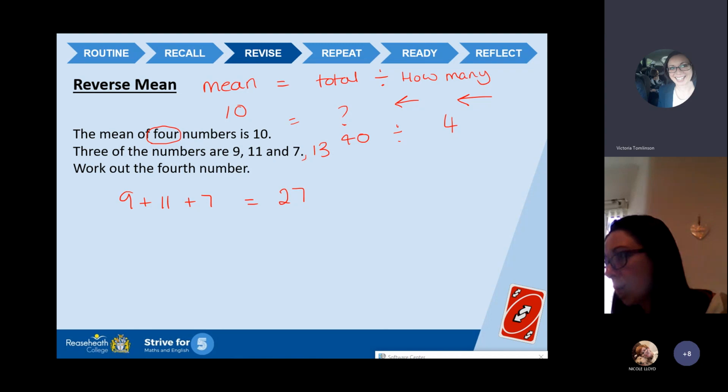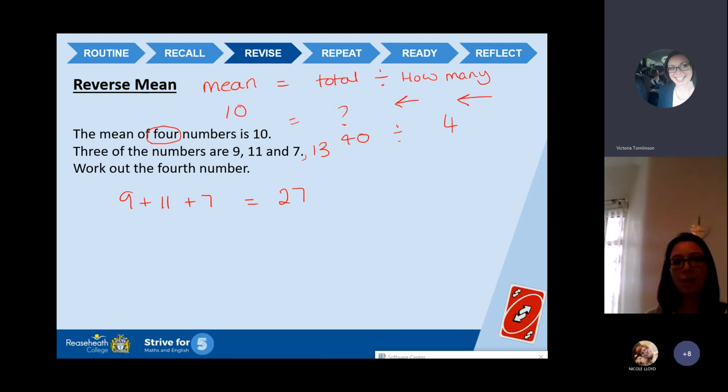Right, I'm just opening up Desmos. So what you want is slide 5. Slide 5 and slide 6 on Desmos.